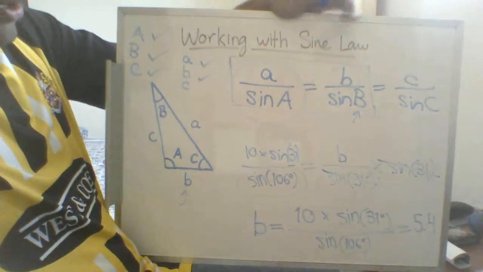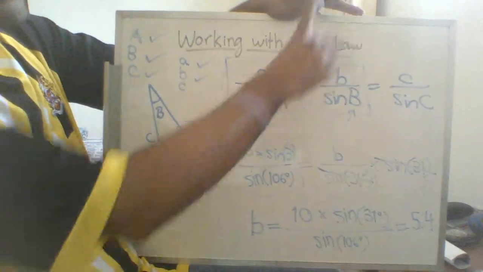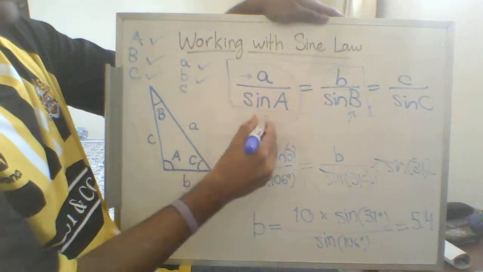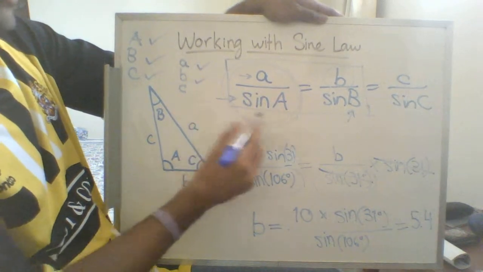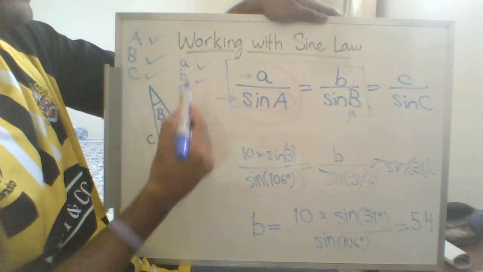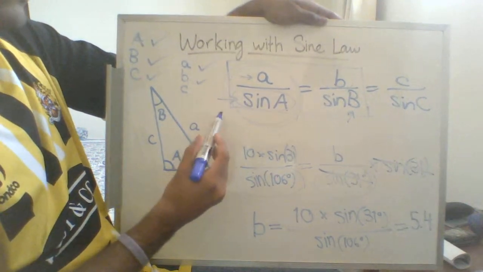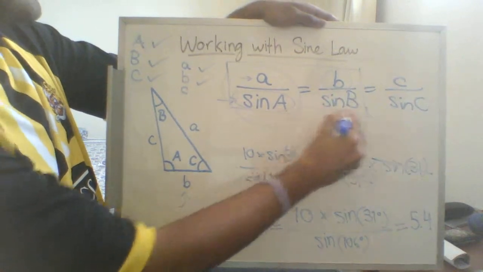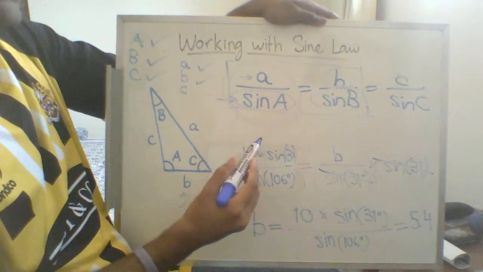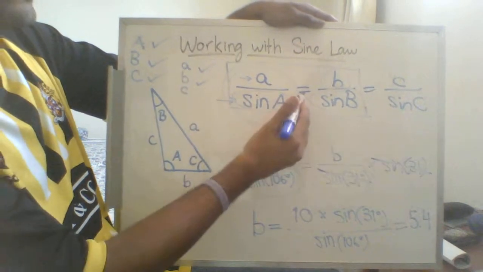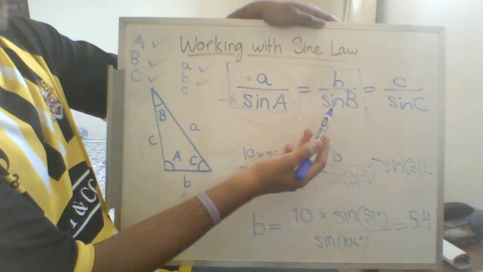Alright, so basically you have three pieces of information. You have little a, you have sine of big A because you know what big A is, so you can just plug this bit right here into your calculator to get a number for it, and you have angle B, so you can plug that into your calculator to get sine of B, and then you just have a number over a number, so some fraction equals B divided by some number.